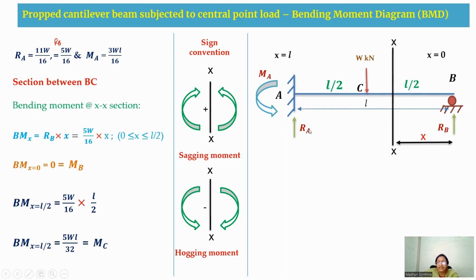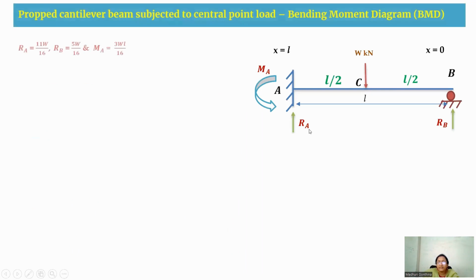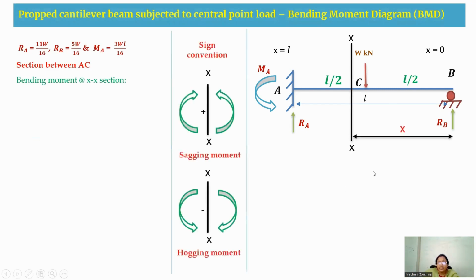Now again, in the same way, when we have the section in the AC segment, with the same sign convention, we write RB into X, again a positive value, as the arrow is heading upward.